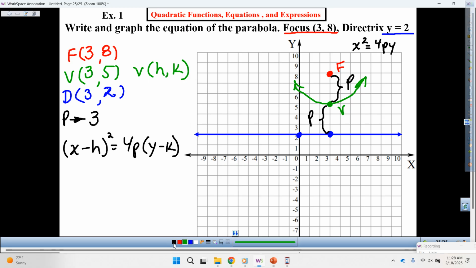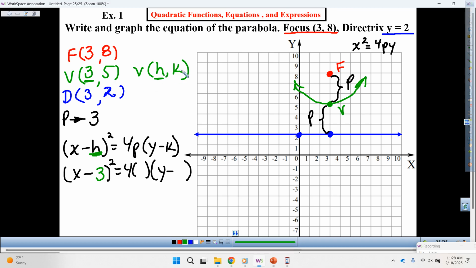Therefore, let's take our equation, x minus blank squared equals 4 parentheses for the P, parentheses y minus blank. So, here we go. What is H, everyone? Three, that is correct, because it's there, so it's 3.